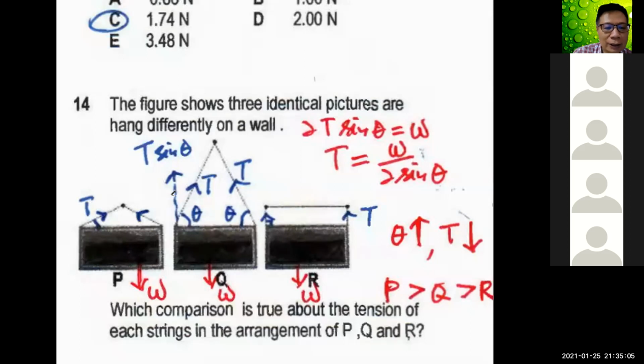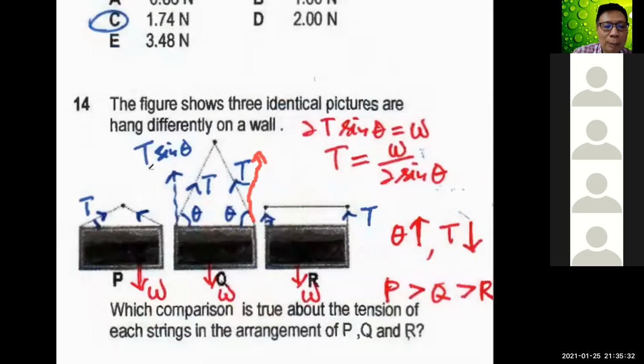This is cos, so here this is sine. T sine theta, isn't it? So the one going opposite to the weight of the drawing is T sine theta. Over here there is another one, T sine theta, right? So 2T sine theta. These two are the ones supporting the W.